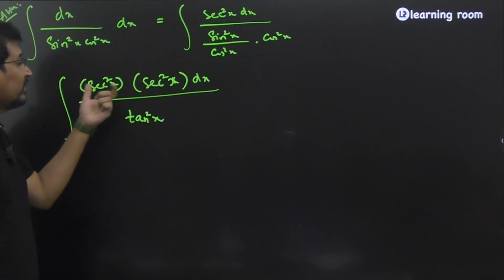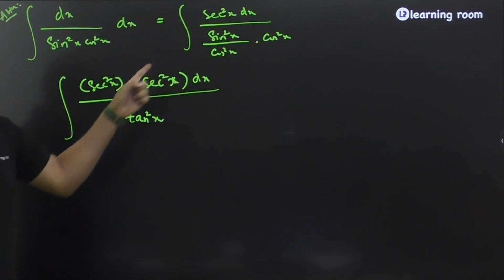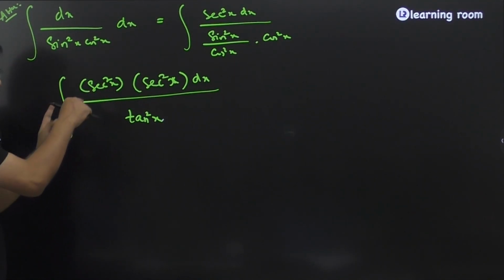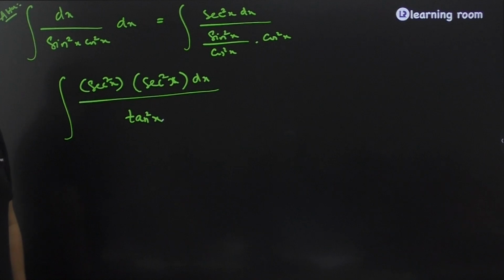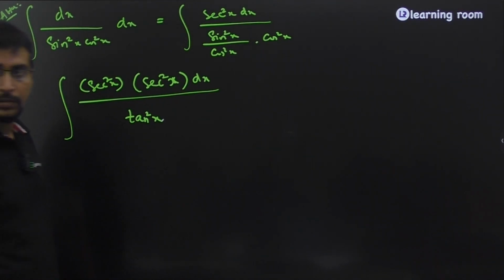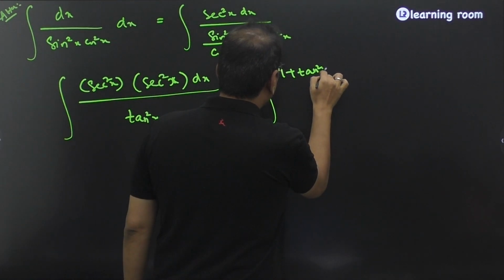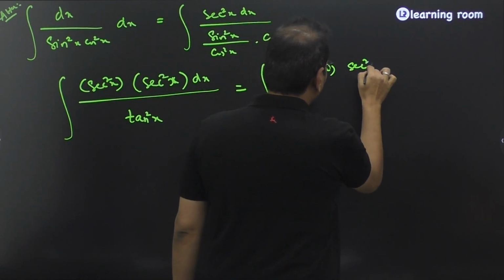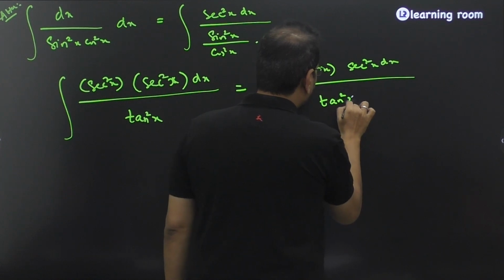Now what you will do is leave one secant square x as it is, because when I substitute tan x as t, I need that secant square x. So the other secant square you write as 1 plus tan square x. So this will be 1 plus tan square x times secant square x dx, the whole divided by tan square x.